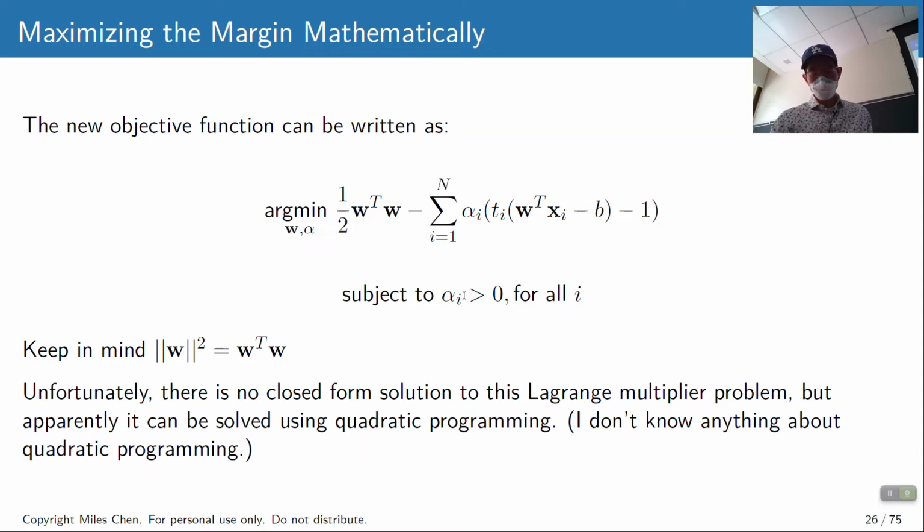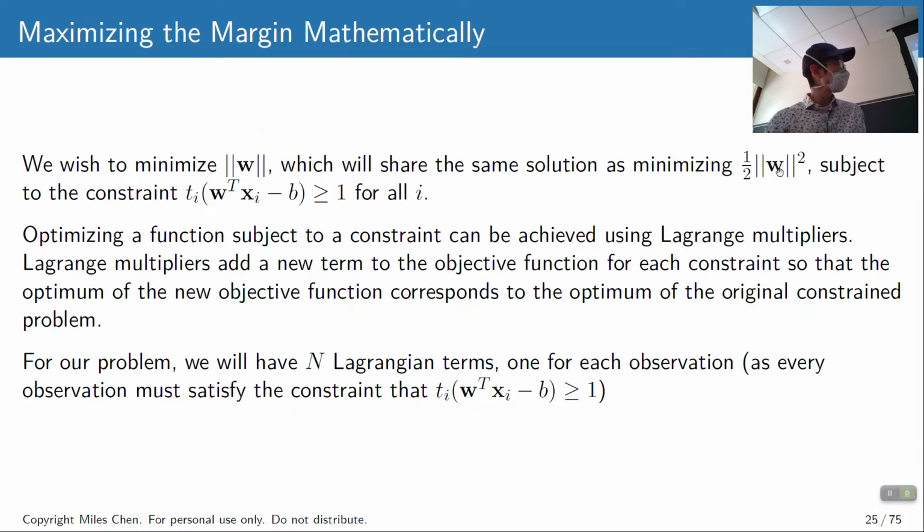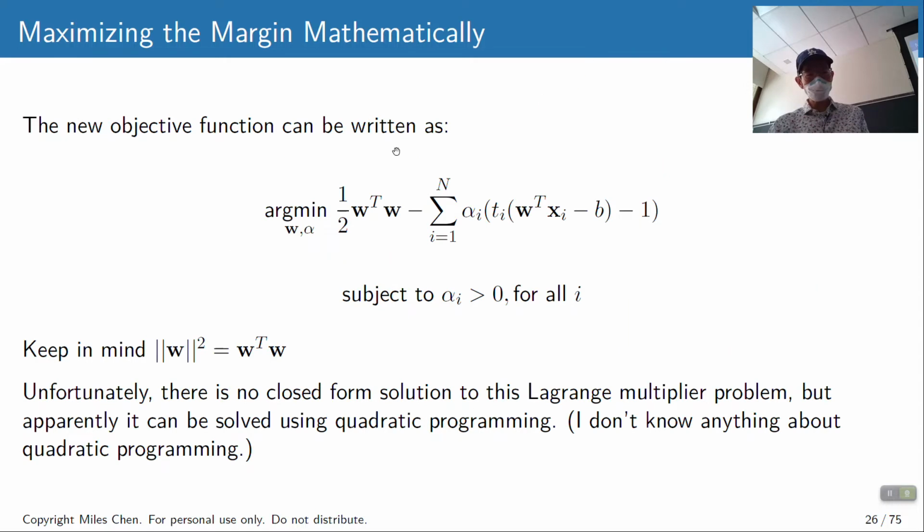So we want to minimize this, and just to simplify, we're going to do the norm squared. So we're going to have w transpose w here. That's the norm squared, and we still want to find the w that's going to minimize this, okay? But now it's subject to the constraint that we have t(w transpose x minus b) minus 1, right?